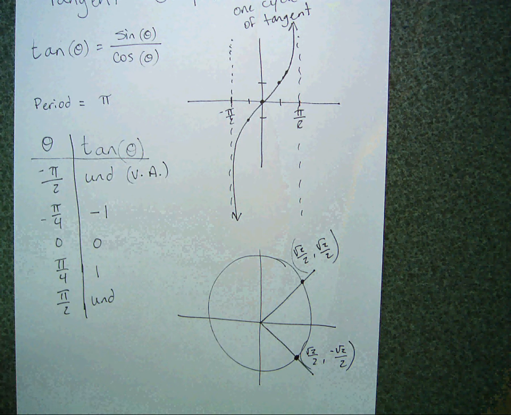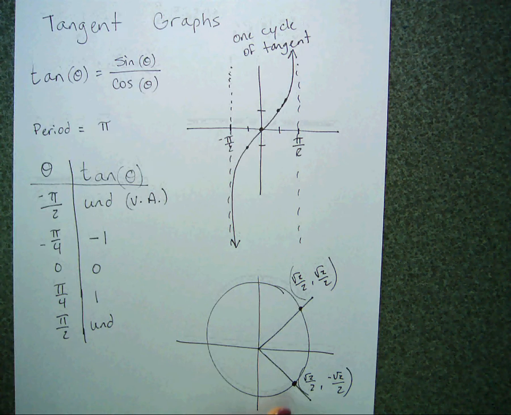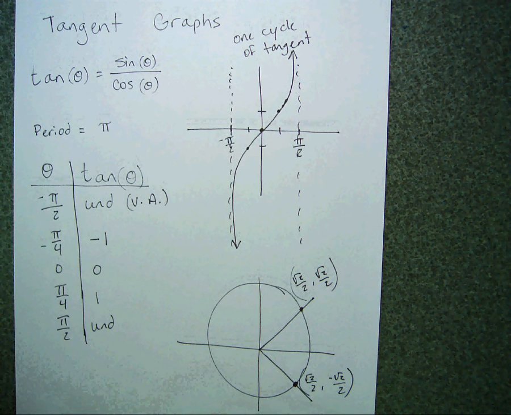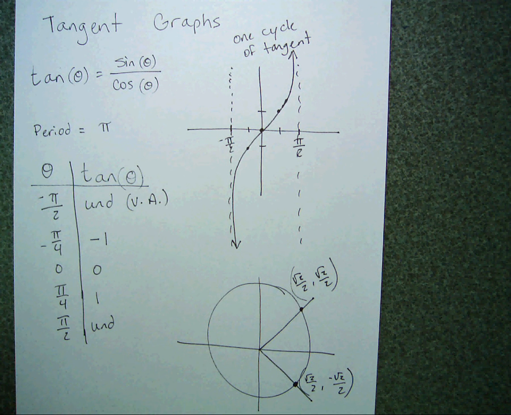Okay? And just like all the other trig functions, I can change the period, I can shift it up, left, right, or down, and I can stretch it. All of the transformations to tangent work exactly the same as all the transformations for sine, cosine, secant, and cosecant.